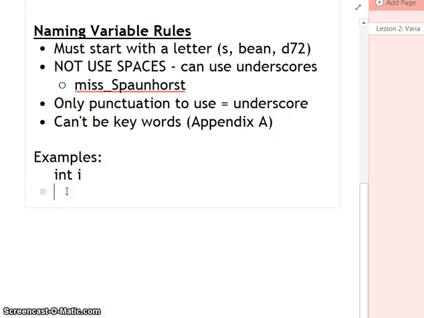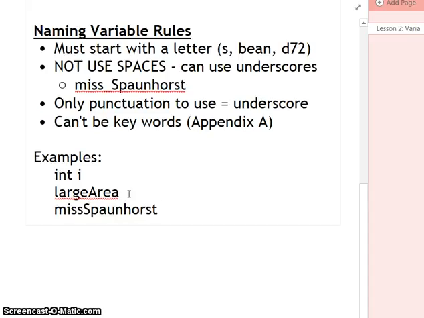But if you're naming a variable, one of the most common ways is to do like large area. So you notice that the second word is capitalized, but the first word is lowercase. So there's no space between them, and that kind of helps separate them. So like if I was doing Miss Spaunhorst, I would put that like that.